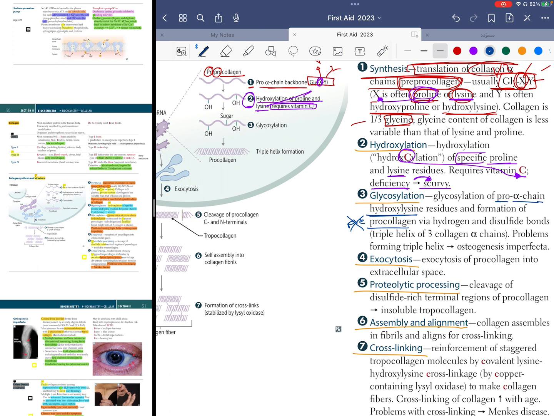The pre goes out. It's only pro-collagen, formed via hydrogen and disulfide bonds, a triple helix of 3 collagen alpha chains. Problems forming the triple helix lead to osteogenesis imperfecta. Let's see the glycosylation.